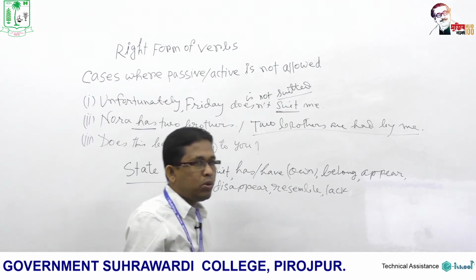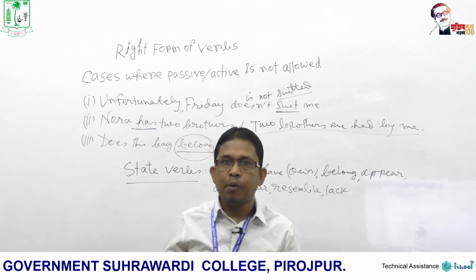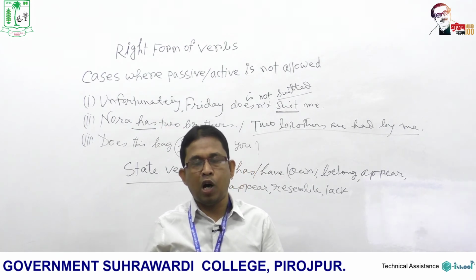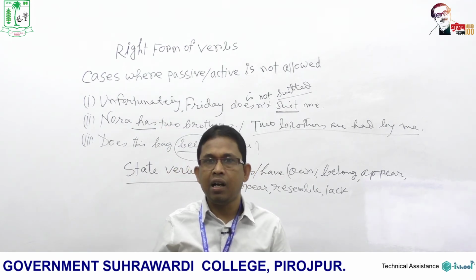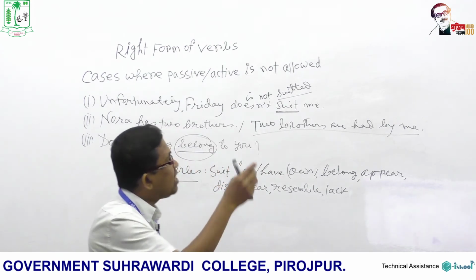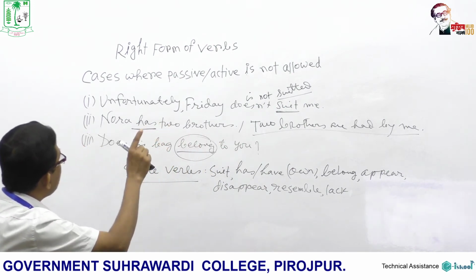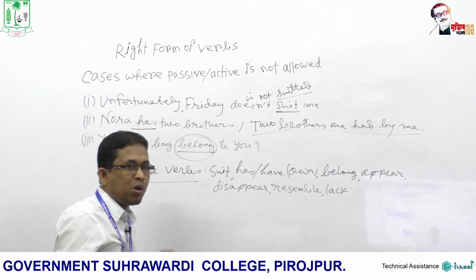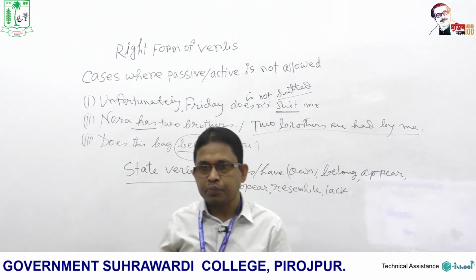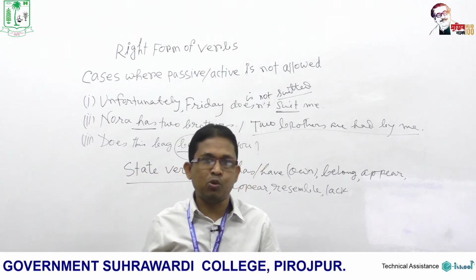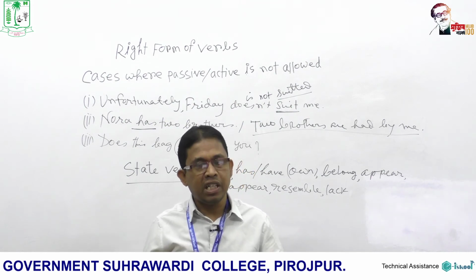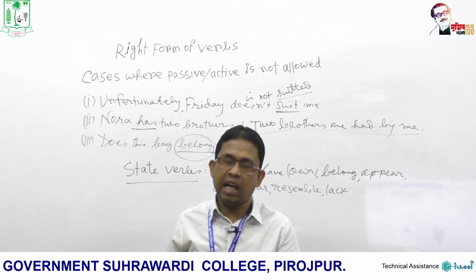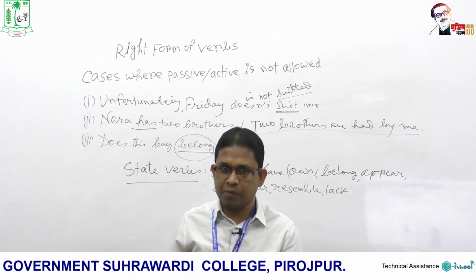So, rule number 2 is that there are certain state verbs which cannot be used in the passive, and that is why the title of our discussion today is cases where passive is not allowed. So, we have got two cases where we should not use passive: in the case of intransitive verbs and in the case of certain state verbs.